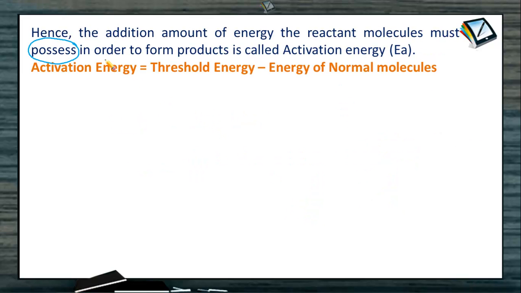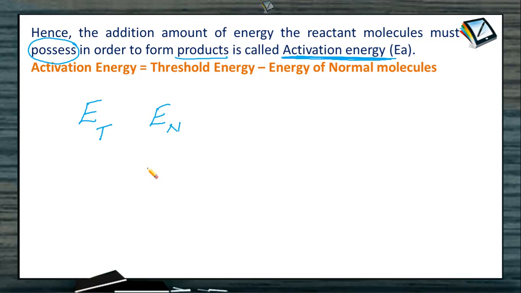And the additional amount of energy the reactant molecules must acquire in order to form products is called the activation energy. So what is that activation energy? Each and every molecule has some amount of energy. That one I will write like this: energy of the normal molecules. And in order to form products, the energy of all these reactant molecules should be equal to threshold energy.